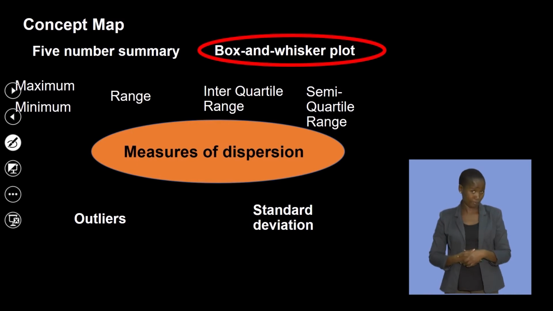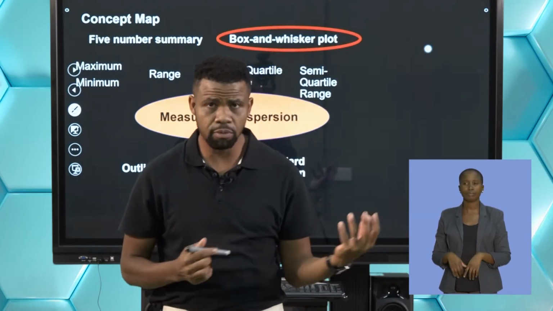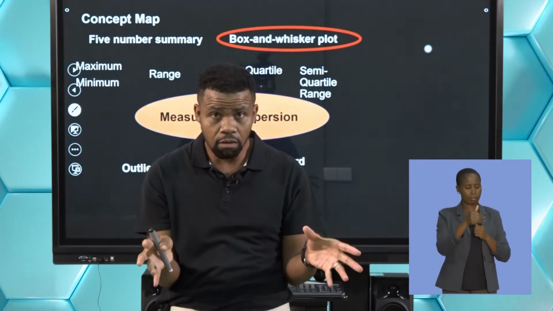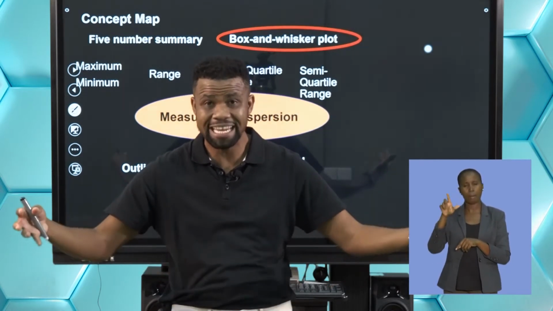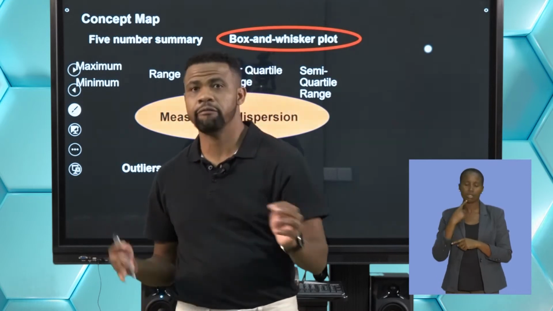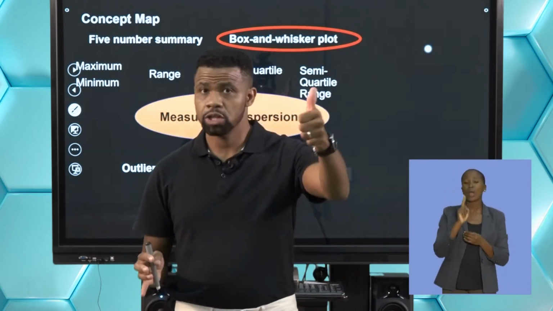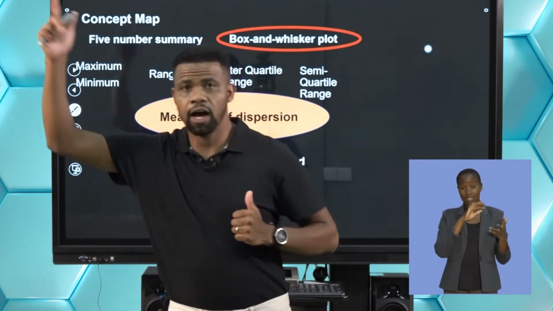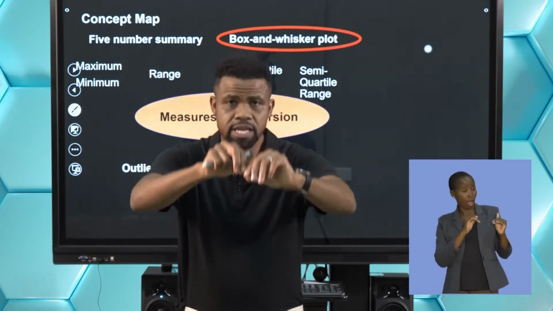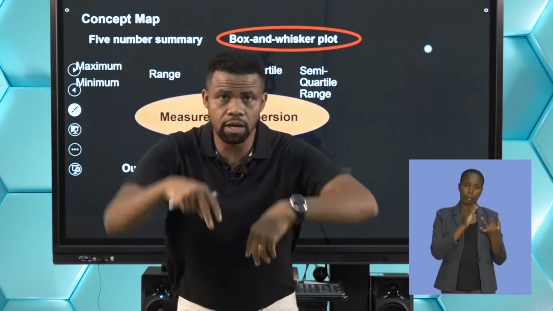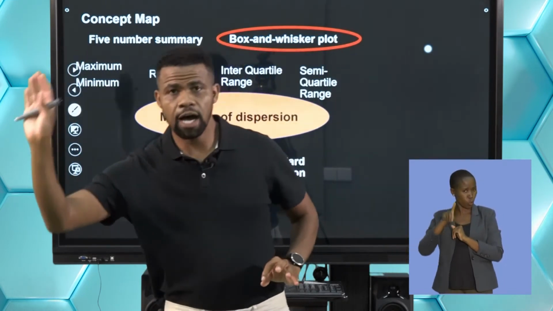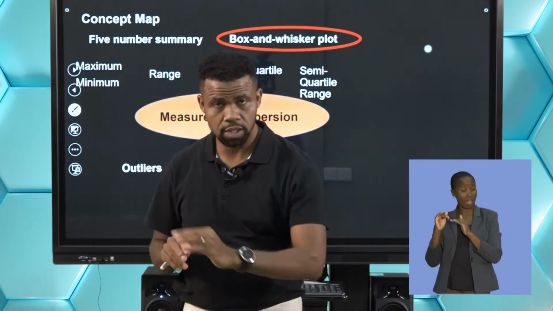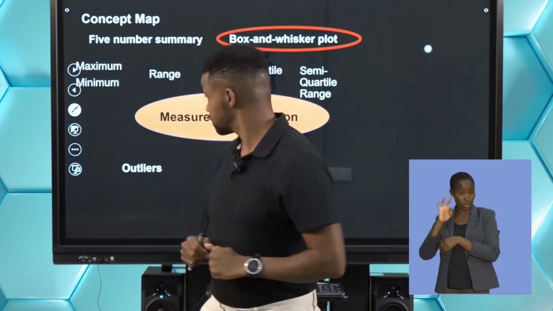What about the box and whisker plot? You should know this by now: it is another way of summarizing data using the 5-number summary, which is the lowest value, the lower quartile Q1, the median, the upper quartile Q3, and the highest value.